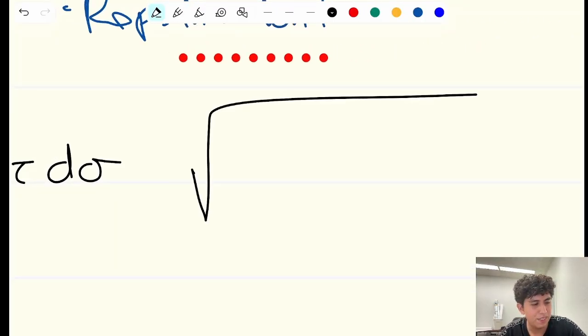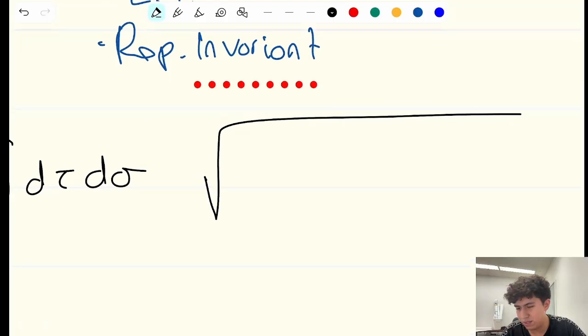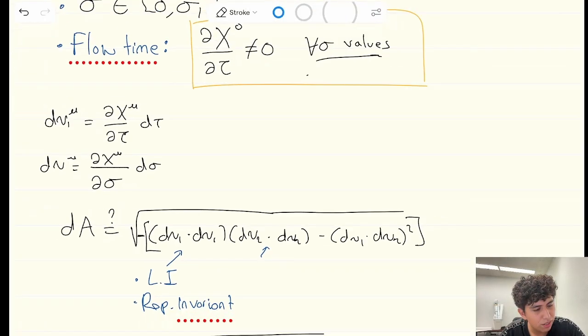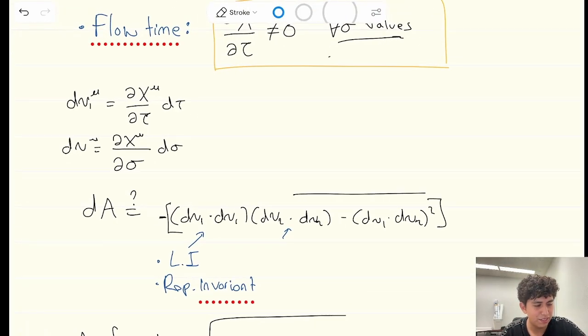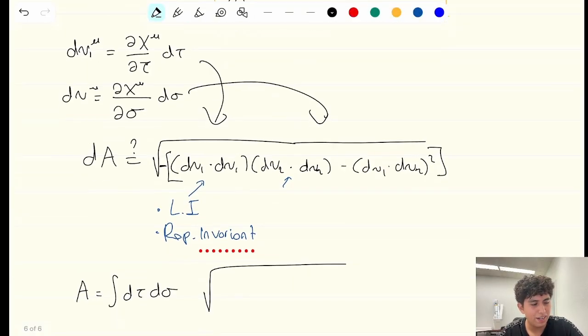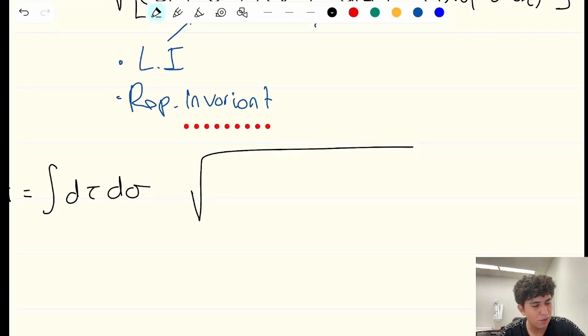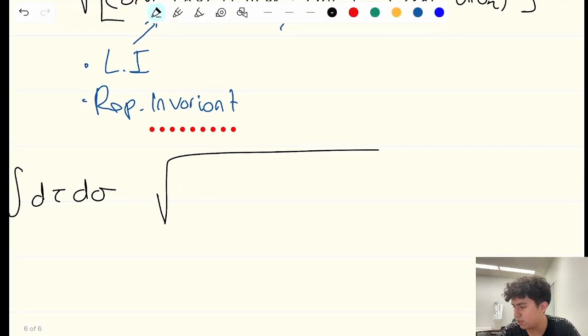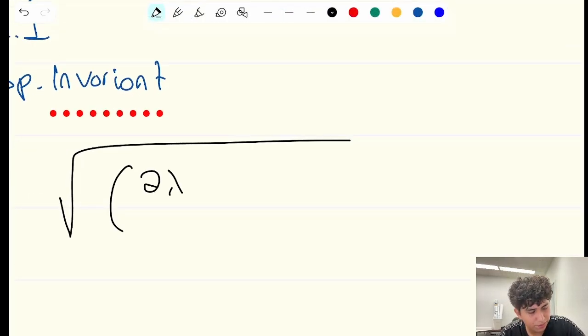So yeah, let me write, okay, I'm going to replace this here, and after doing a bit of reorganization of d tau and d sigma outside the square root, you get this.